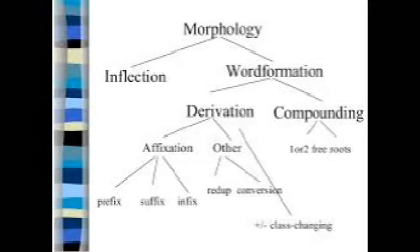Now the next one is inflection. Inflection refers to the process of word formation in which additions are made to the base form of a word to express grammatical meanings. The word originates from the Latin word inflectere, meaning to bend.